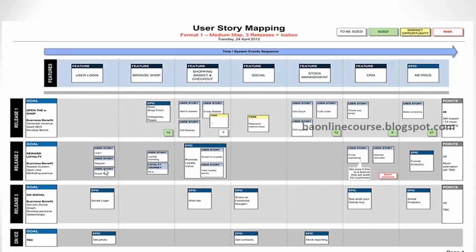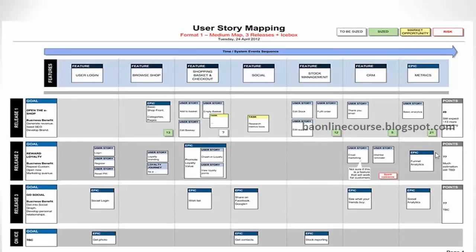Then you'll break it down. You can log in by registering on the site, or you could log in by Facebook integration, or by Google integration. So you'll identify all those, see which one is most important, and then keep it in those releases. Release 1, you have these features identified.